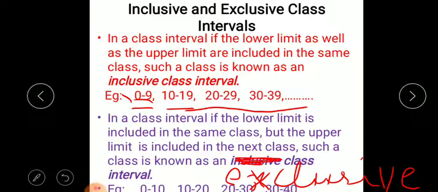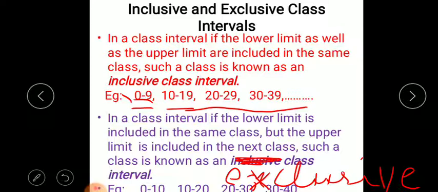For example, 0 to 10, 10 to 20, 20 to 30. How do we read exclusive class intervals? 0 to less than 10, 10 to less than 20, 20 to less than 30. This is how we read an exclusive class interval.